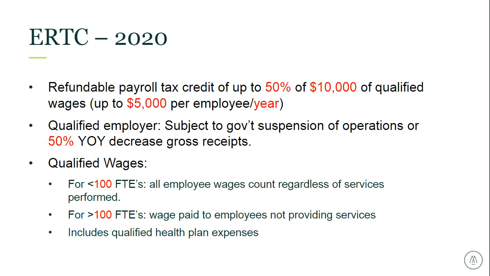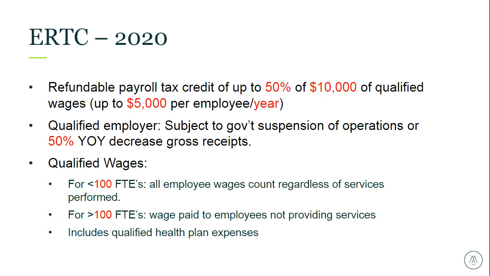And then for qualified wages, if you had under 100 full-time employees, all employee wages counted regardless of whether services were performed or not. If you had more than 100 full-time employees, looking at 2019 averages for this, wages paid to employees who are not providing services are qualified wages.